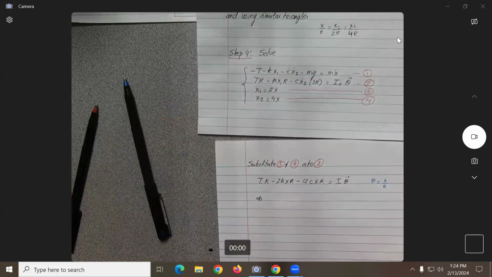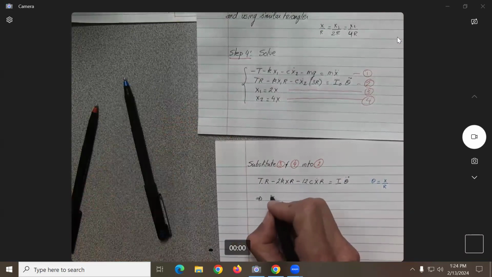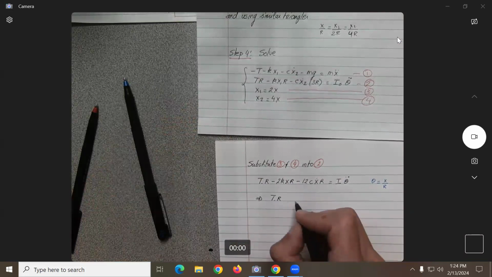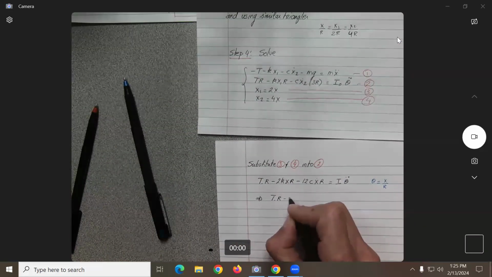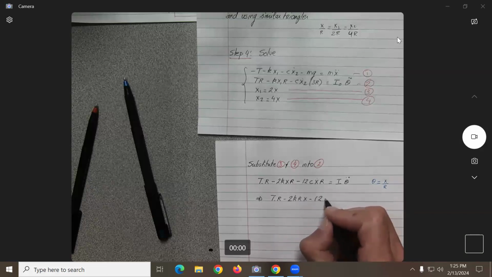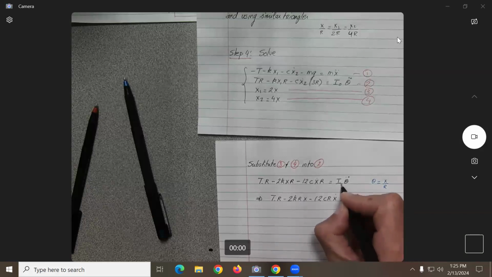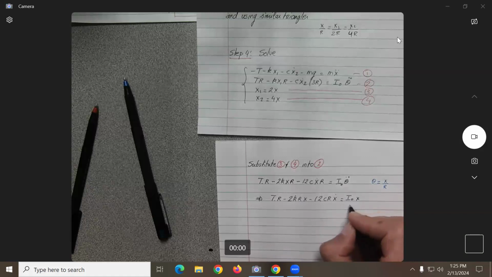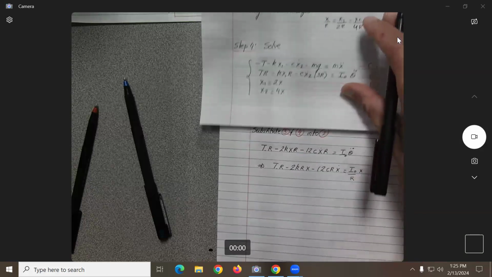So let's just call this equation T R minus 2 K R x minus 12 C R x dot will be equal to the I sub naught over R times x.